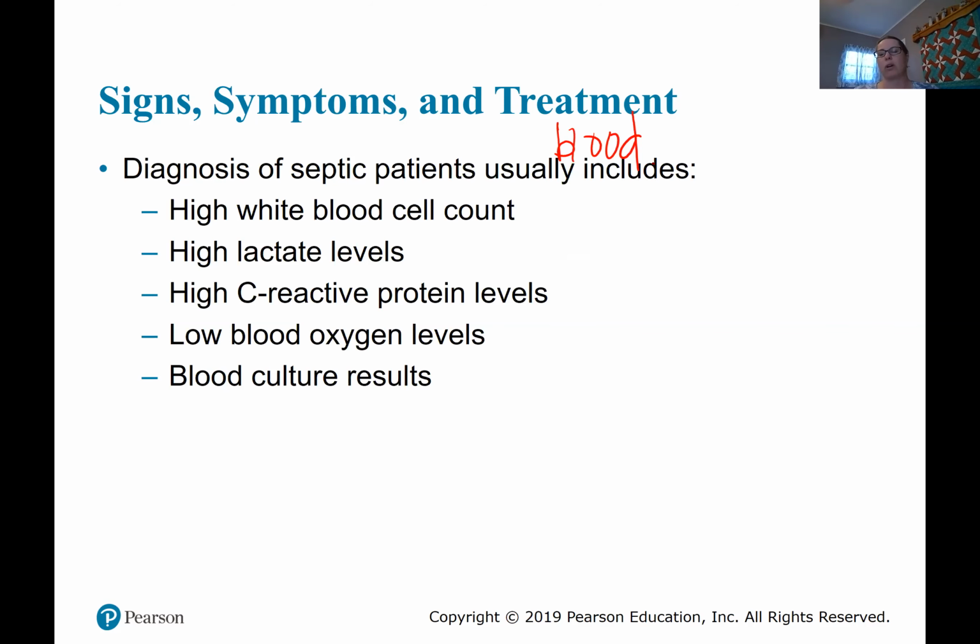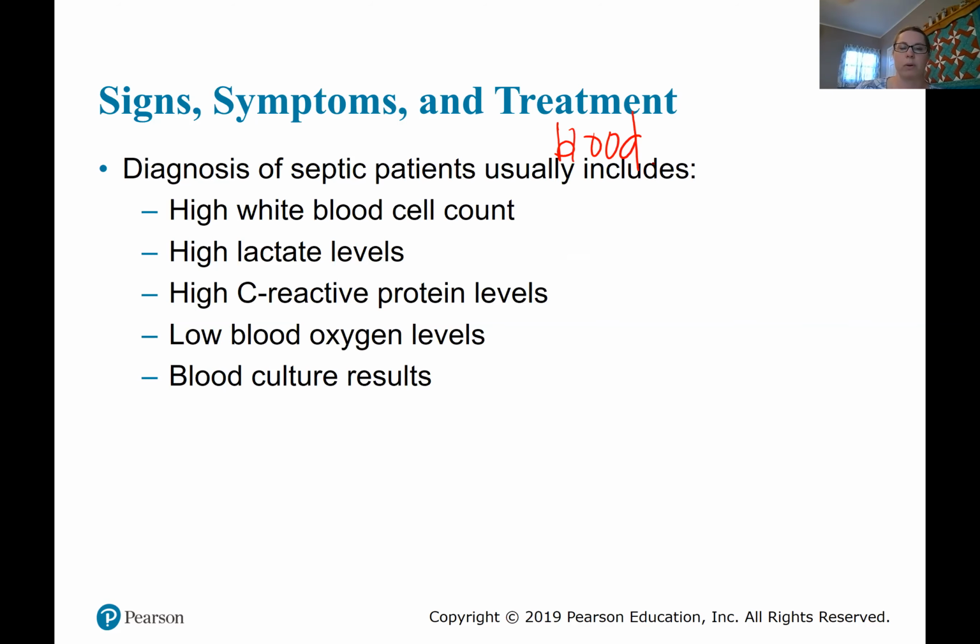They will draw a large volume of blood, and then they will stick those vials of blood into this incubation unit, essentially, and grow them for 5 days. And there's an alarm that will go off if the machine detects microbial growth. So that's one of the things that they do to confirm if a person is septic or not.